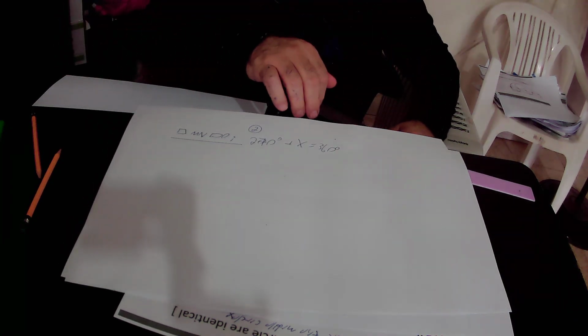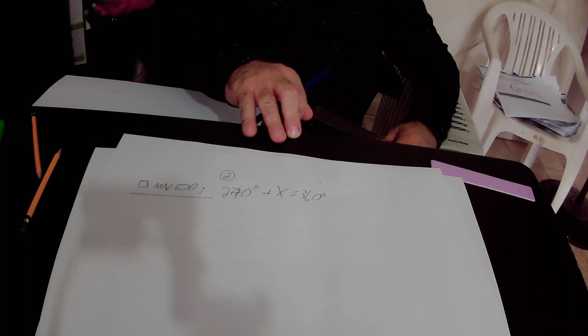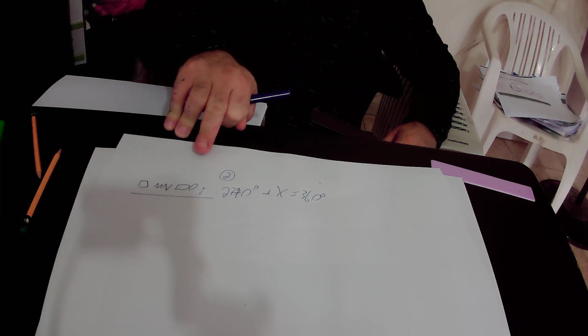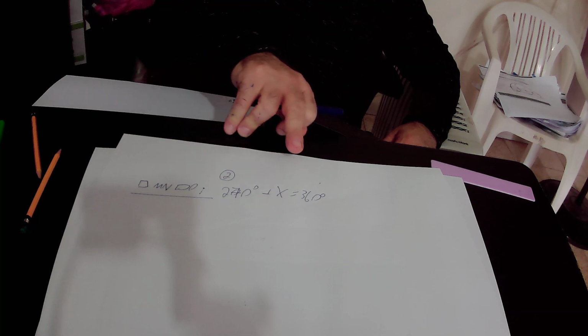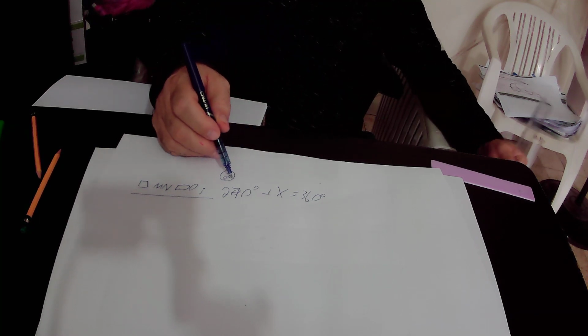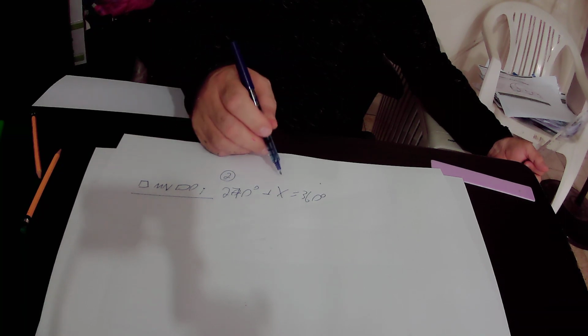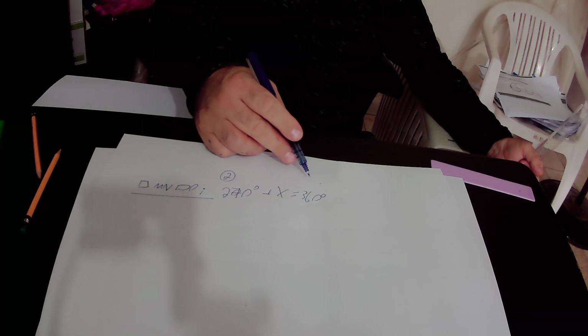I will repeat again. The sum of the angles in quadrilateral MNDO must be equal to 360 degrees. That is to say, the sum of the 3 angles, 270 degrees, plus the size of the 4th angle must equal 360 degrees.